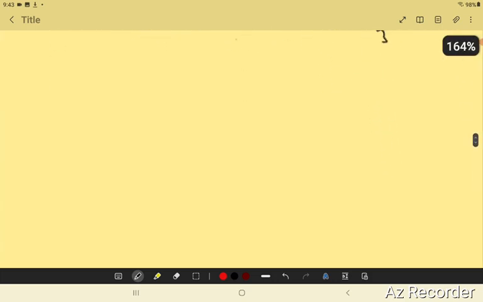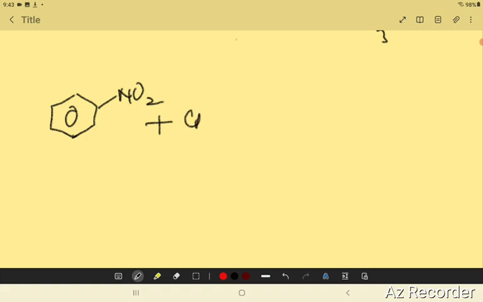Another example I am going to give to you is nitrobenzene. Suppose this is nitrobenzene, NO2, reacting with CH3Cl in the presence of anhydrous AlCl3.